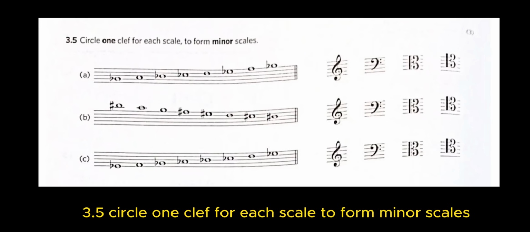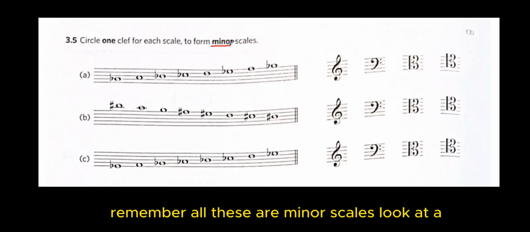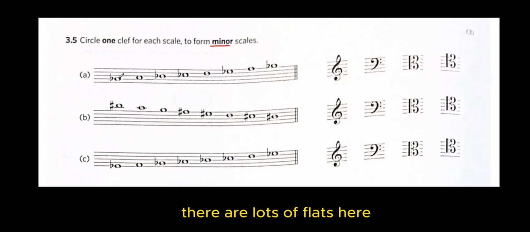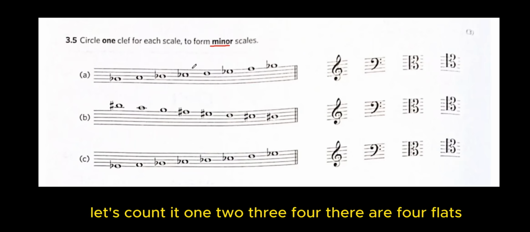3.5. Circle one clef for each scale to form minor scales. Remember, all these are minor scales. Look at A. There are lots of flats here. Let's count: 1, 2, 3, 4. There are 4 flats.